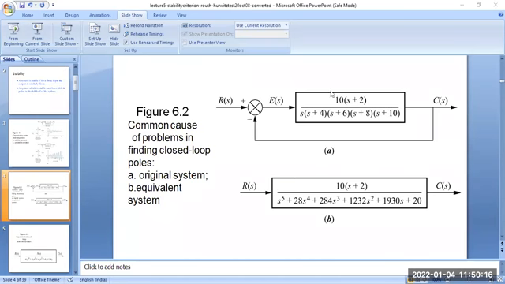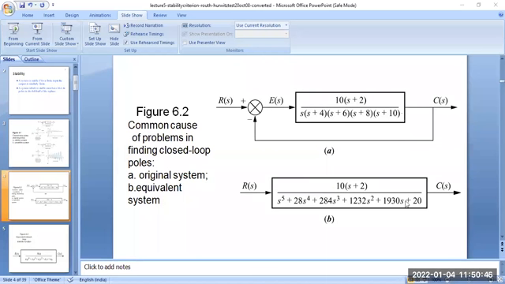In this picture you can see one closed loop control system, with the characteristic equations, input, output, and one feedback loop attached to the summing point. And this is the equivalent circuit, where you have to multiply s into s plus 4, then s plus 6, then s plus 8, then s plus 10. You have to multiply these terms.